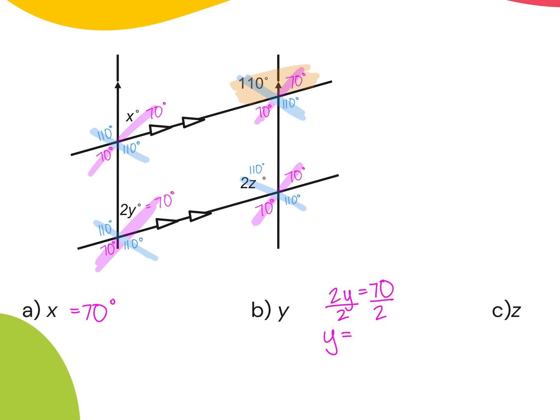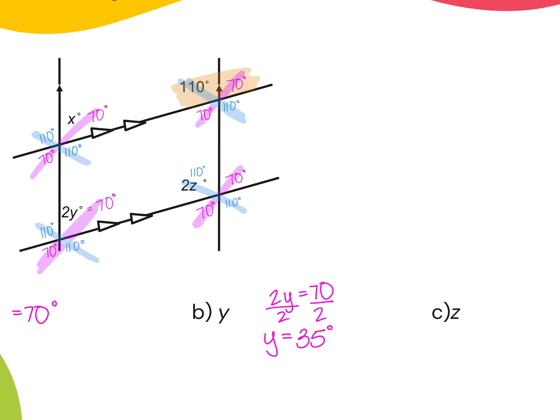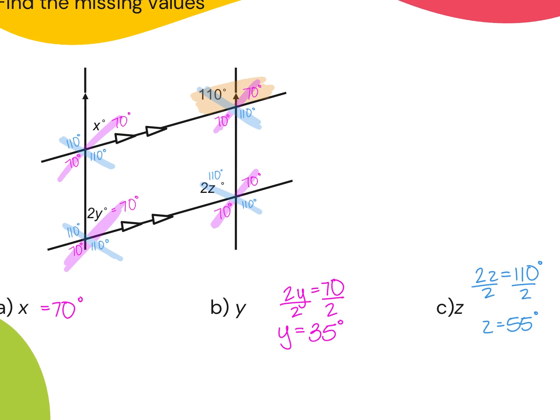What would y equal? Good, 35 degrees. And then my last one, z. I have 2z, which equals 110. How would I find out z by itself? Divide by 2, and what would I get for z? Good, 55. Okay, so we should be able to find all of that information.